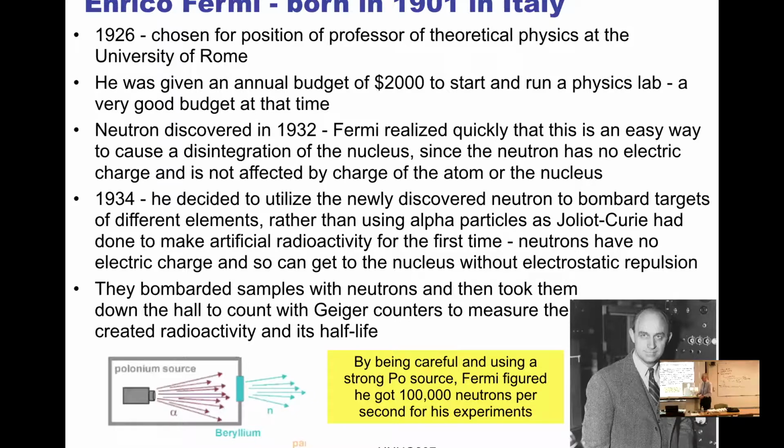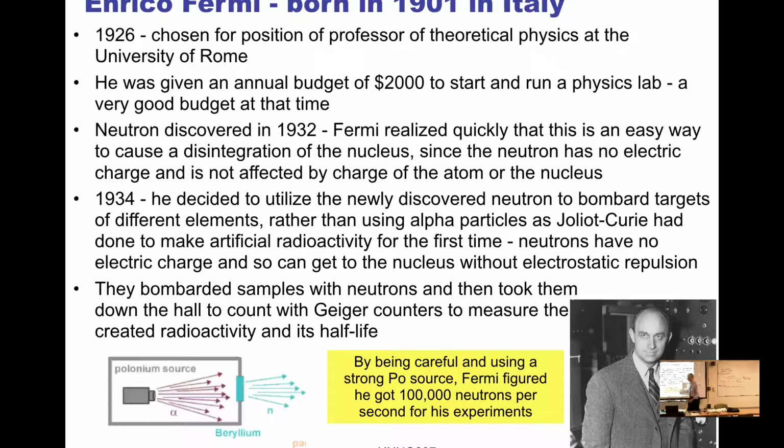You've got the electrostatic repulsion between the protons in the helium nucleus and the protons in the target nucleus. So they repel each other. Fermi realized that the neutron had no charge. So if you're trying to make artificial radioactivity, it's a better bet to use because it's not repelled by the target nucleus. That was his big innovation.